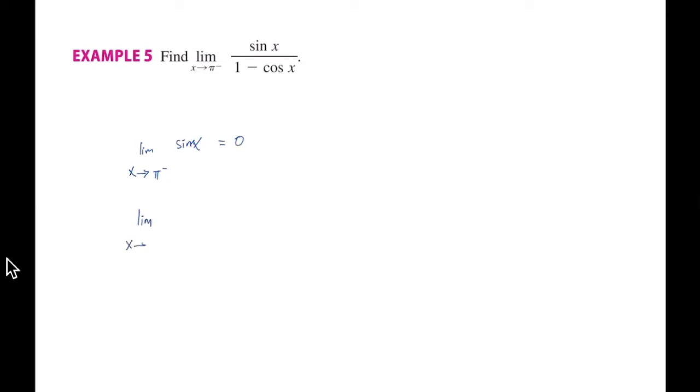And then the limit as x approaches pi from the left of 1 minus cosine of x would be 1 minus cosine of pi, which is 2. So this is not 0. So this means we cannot apply L'Hopital's rule.